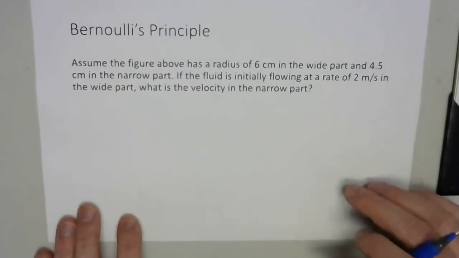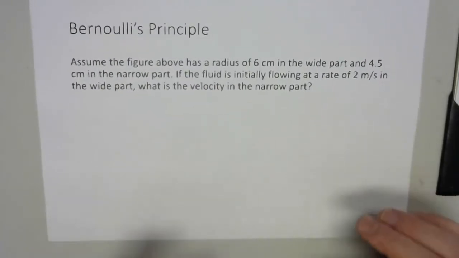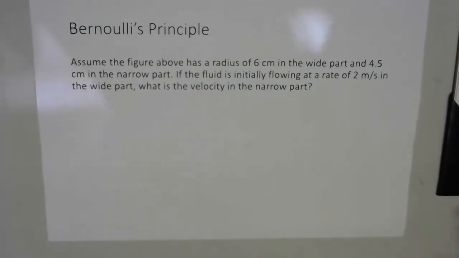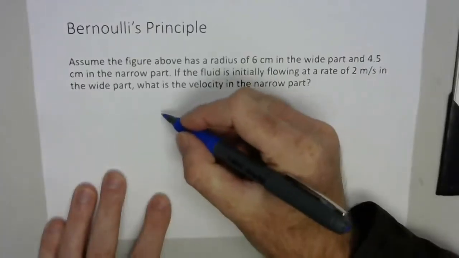Look at Bernoulli. So now we're talking about flow rate of a fluid. In this case, the area over which it is flowing is less, and so ideally it should speed up because the volume of flow should be the same.